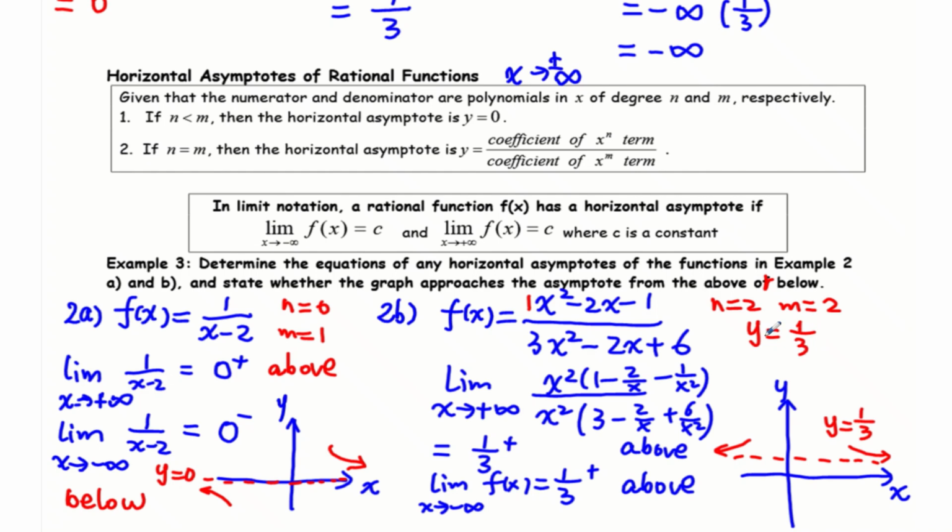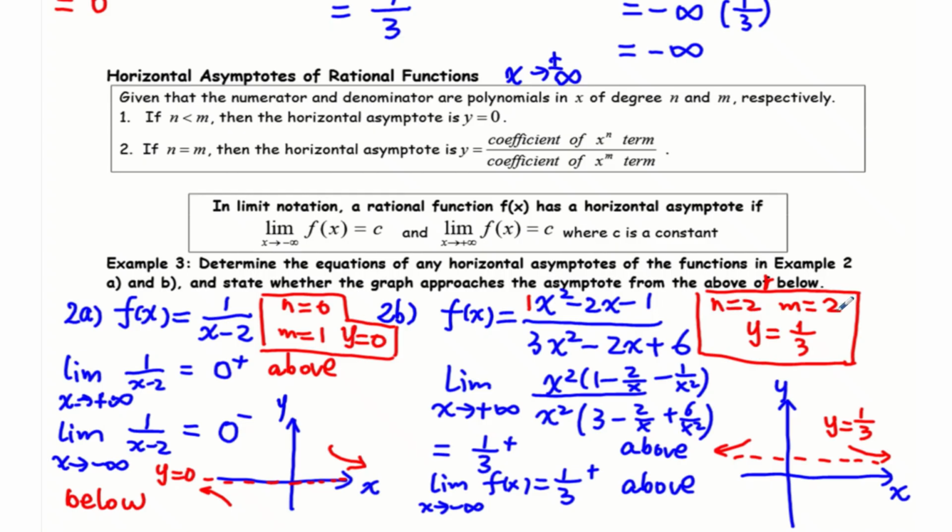So in the future, you don't have to show me the limit. You could just say, okay, the numerator degree is less than the denominator degree, then it is y equals 0. You just show me the numerator degree is lower than the denominator degree, so the horizontal asymptote is 0.